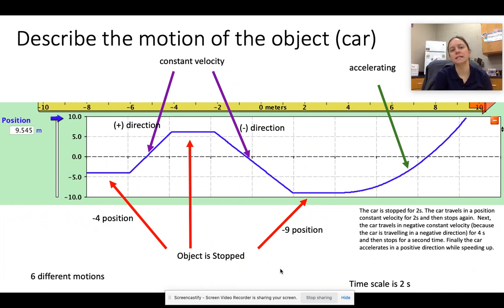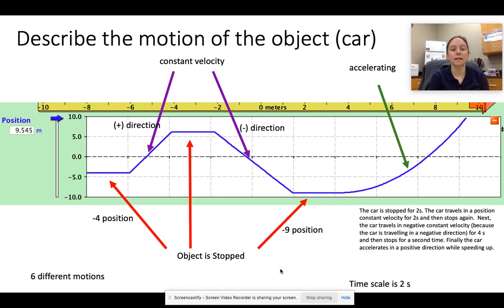So if this is a car moving, you'll notice at first the car is stopped for about 2 seconds, and then at a constant velocity in a positive direction moves for 2 seconds. Then at 4 seconds it stops.